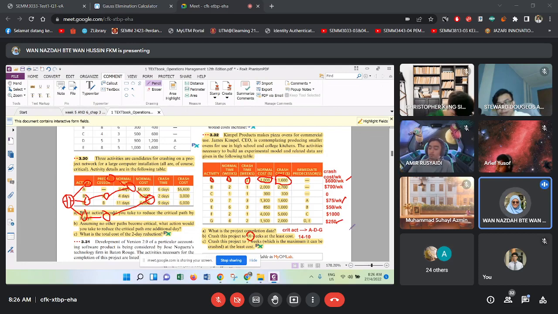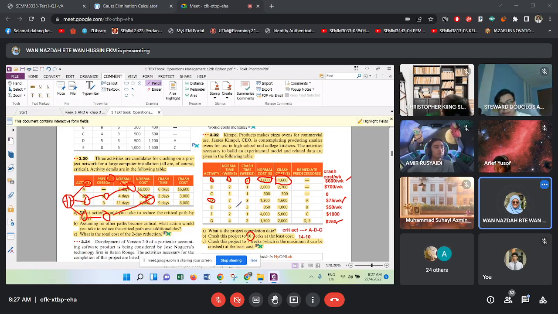Rule number three is if you want to crash, it is advisable to crash 1 unit time at a time. Meaning that if you want to crash 14 to 10, you need to crash 1 week at a time. But for this question, you can select activity D and crash 4 weeks in one shot.